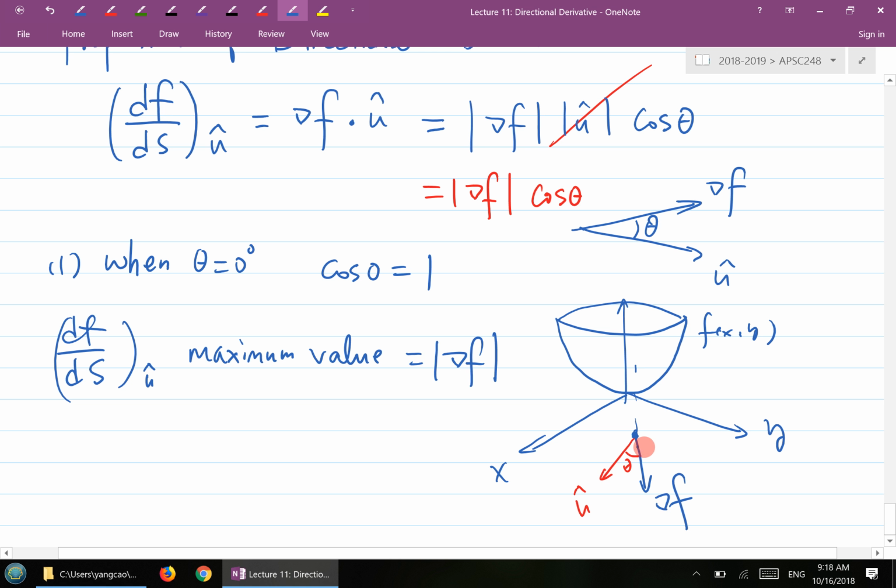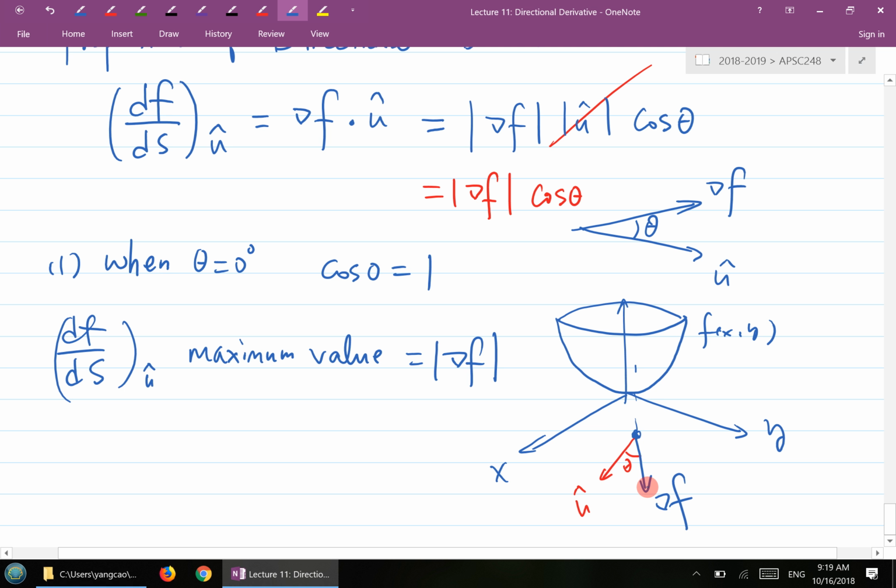But in this case, which direction are we moving in the first case? What direction are we moving when theta equals 0? In the del f direction, right? So if you recall that conclusion, I wanted you to remember at the beginning of the lecture: what does del f give you?